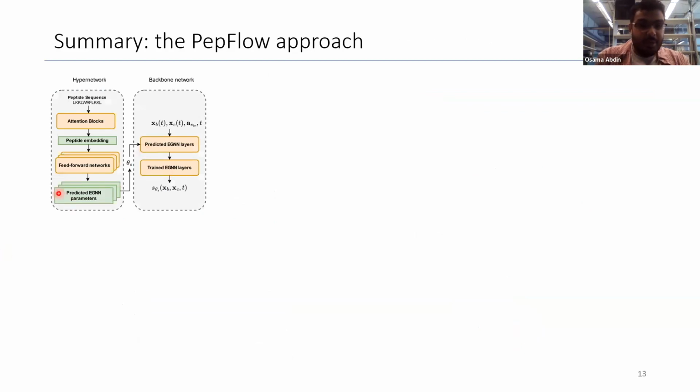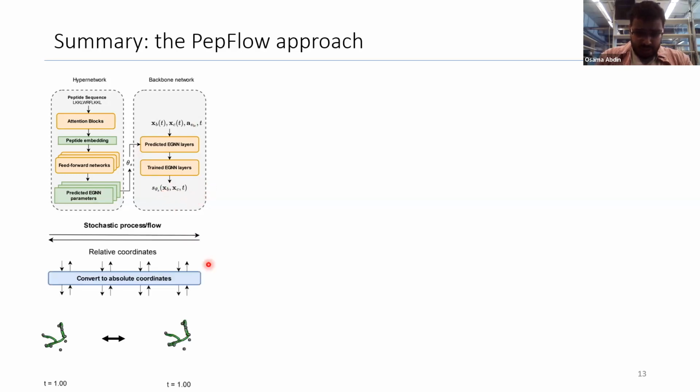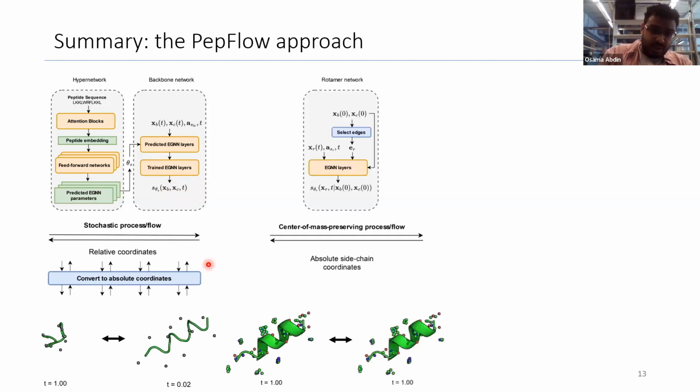So I guess to summarize how the PepFlow approach works: a peptide sequence is provided to a hypernetwork, which consists of attention blocks that generate a high-dimensional peptide embedding, which is then projected to generate the weight and bias matrices for EGNN layers that define the dynamics of a flow or process to generate backbone coordinates and positions of sidechain centroids.